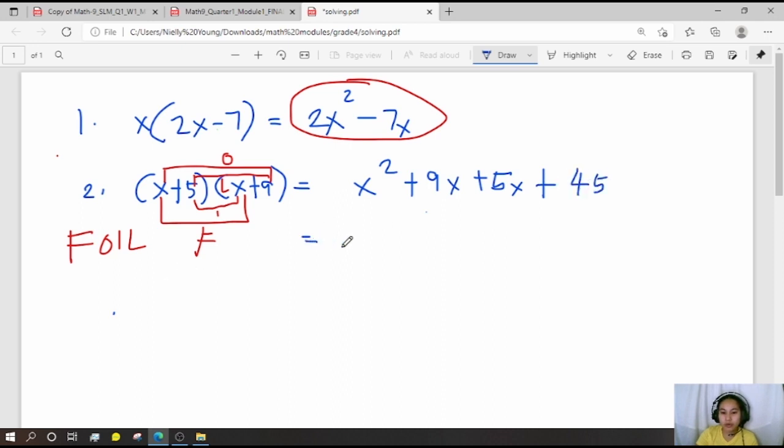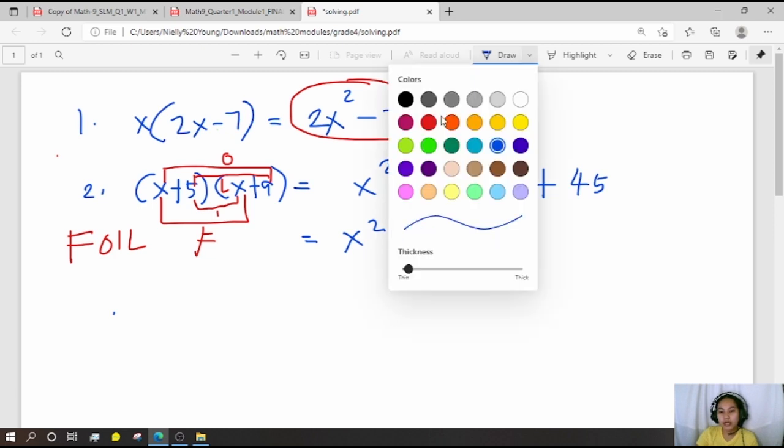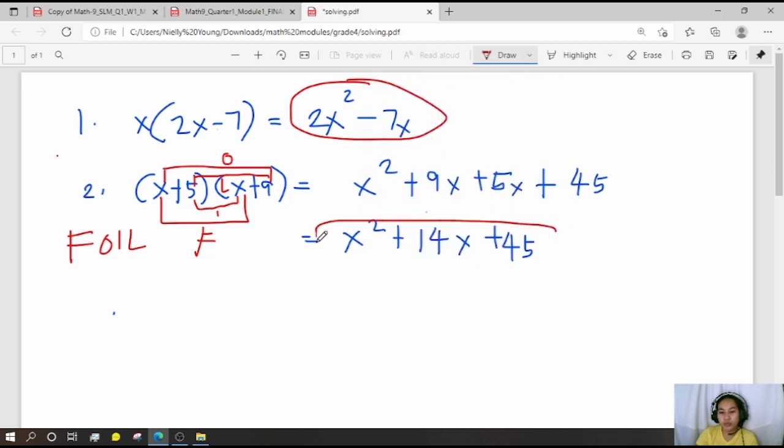So, i-add mo po yung common terms, x squared plus 9x plus 5x, that's 14x, copy mo lang po yung x, then i-add mo yung coefficient, 9 plus 5. Then, plus 45. So, ito na po yung sagot ng number 2.